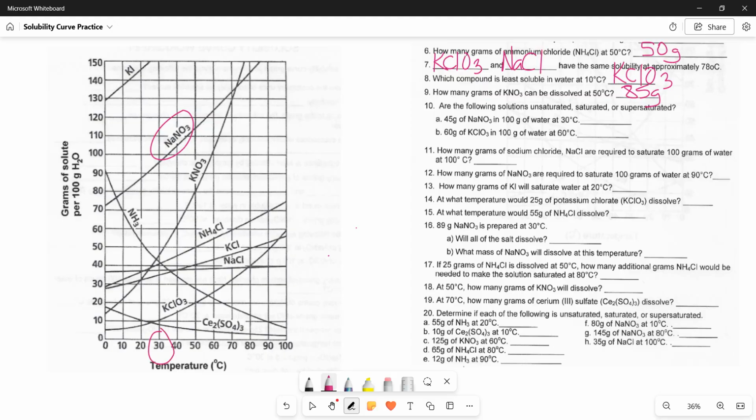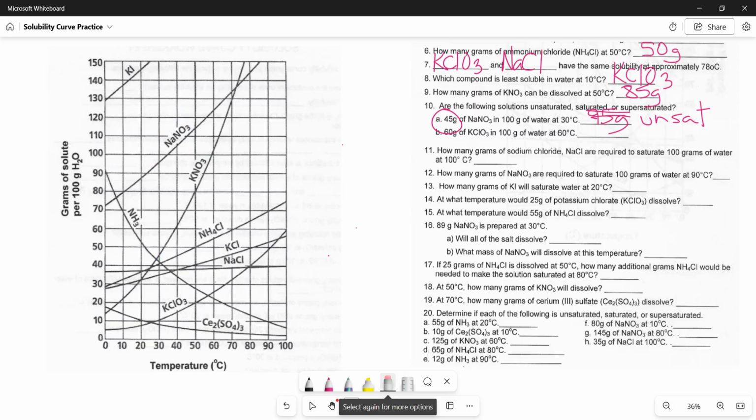So if we come up to this line where it intersects and then come over, it's going to be about 95 grams. Oh, I'm sorry, it's asking me 45. So right here on the line, it is 95. 45 is way down here, so it's way under. It's unsaturated, meaning that the point that they're looking at is below the saturated line, therefore it's unsaturated.